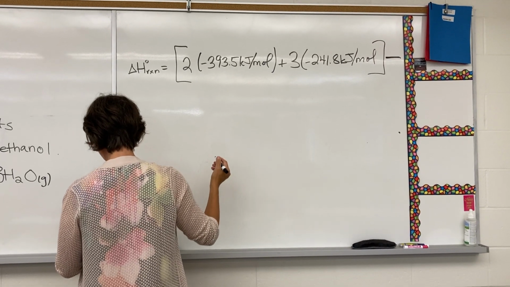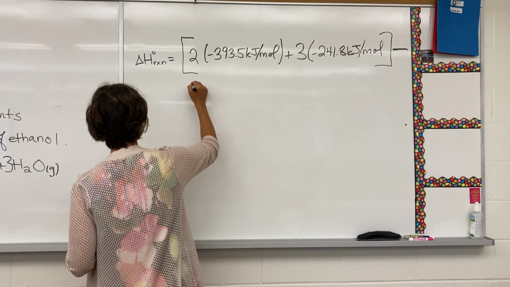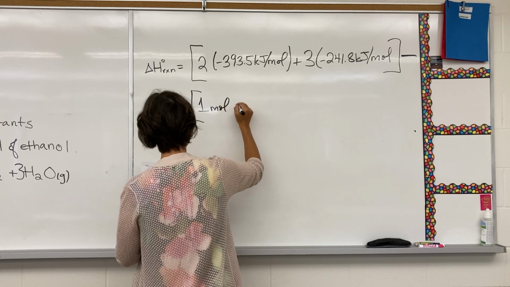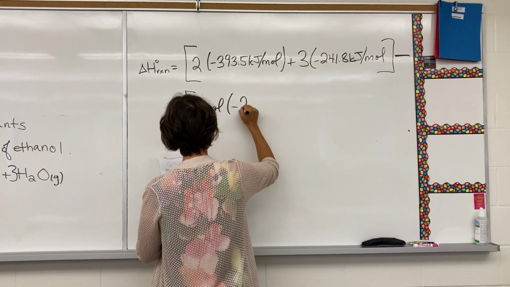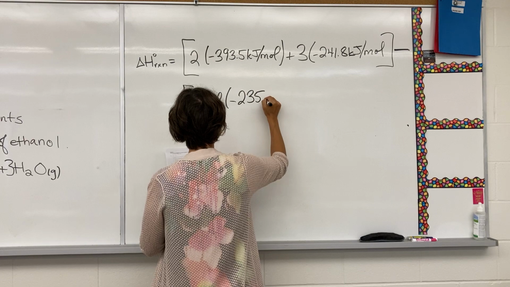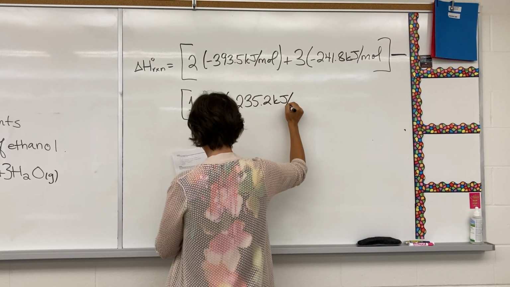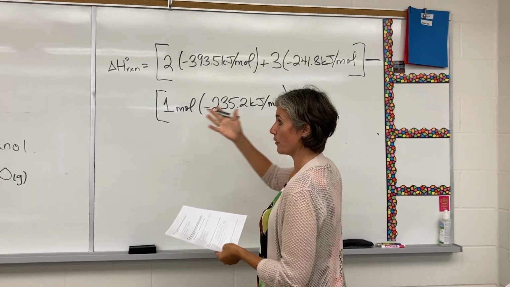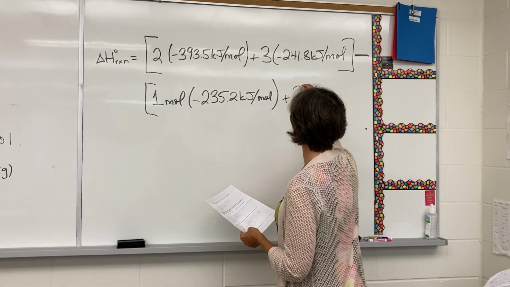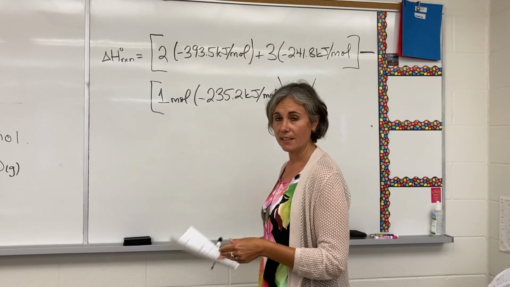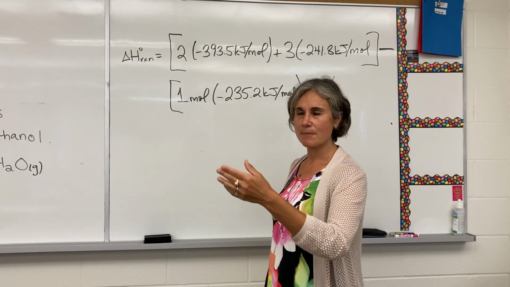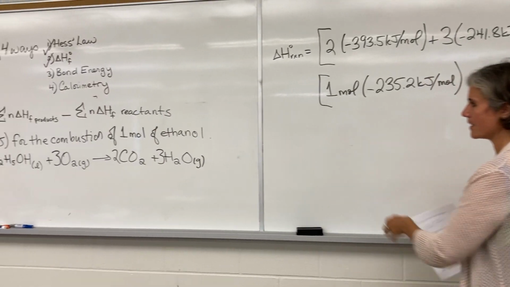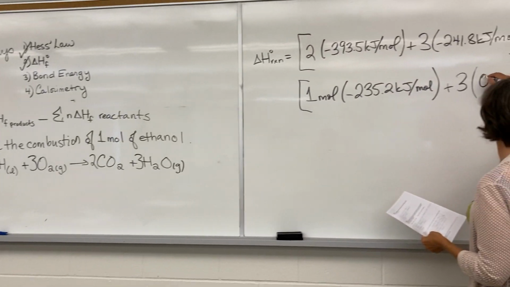So now we subtract the 1 mole of ethanol, which is on the table as -235.2 kilojoules per mole. Our coefficient for oxygen is 3, but the enthalpy for any molecule made up of only one type of atom, an element in its elemental form, is 0, so that's 3 times 0 kilojoules per mole.